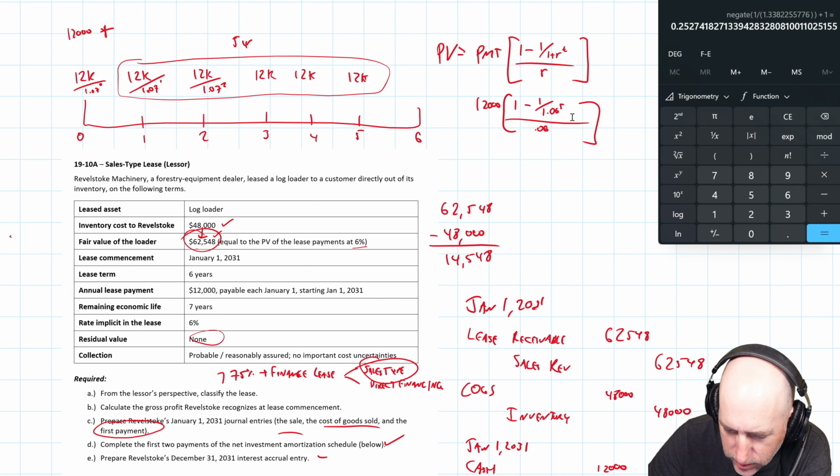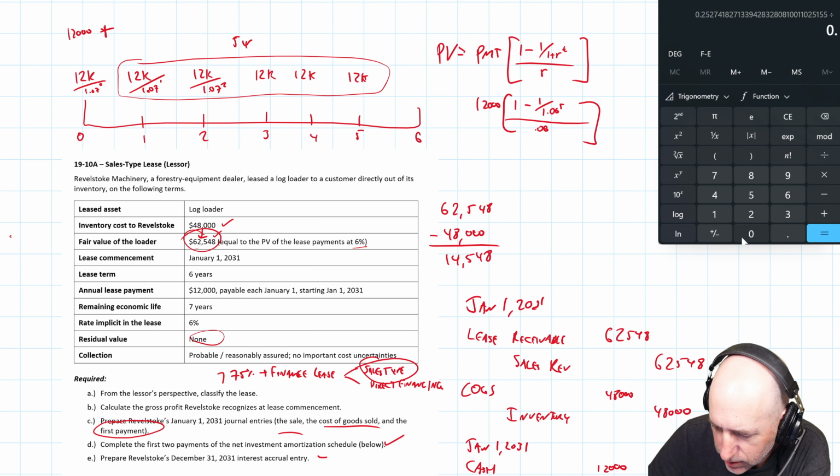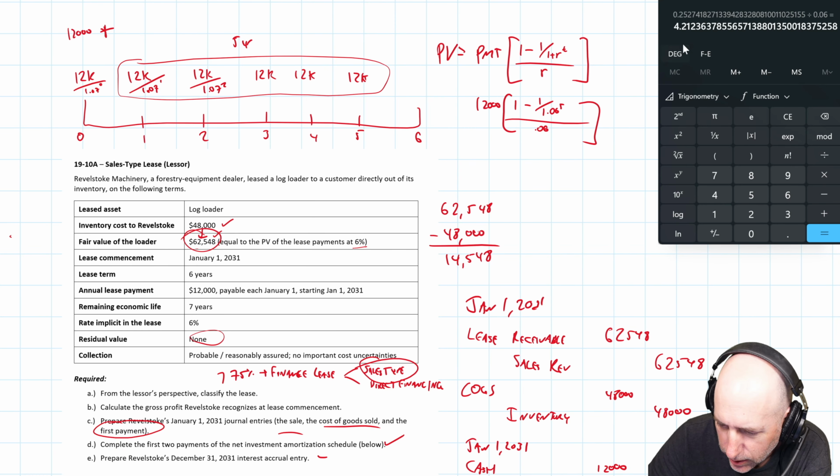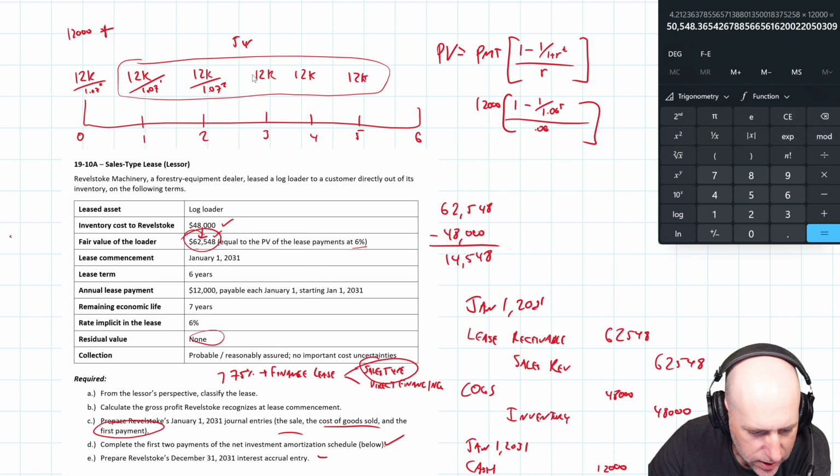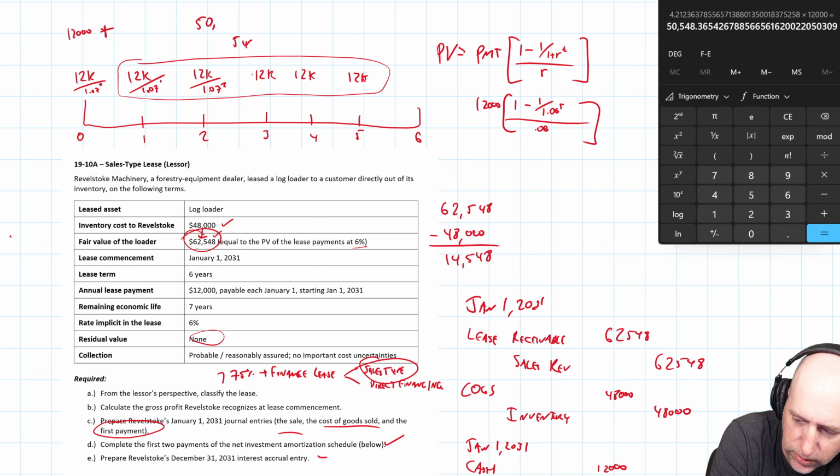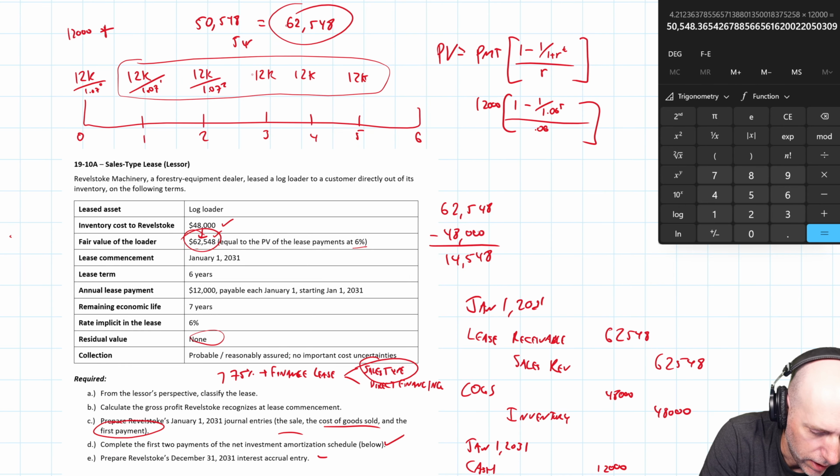I'm at 0.252. I divide by 0.06. I get 4.2. I multiply by 12,000. I get 50,548. So the present value of the 5-year annuity is 50,548. I'm going to add 12,000 to that, and I'm going to get 62,548. And look at that. That's the number I was seeking.